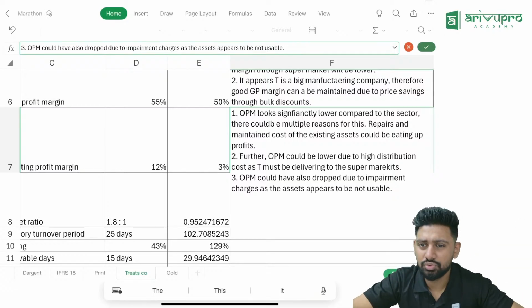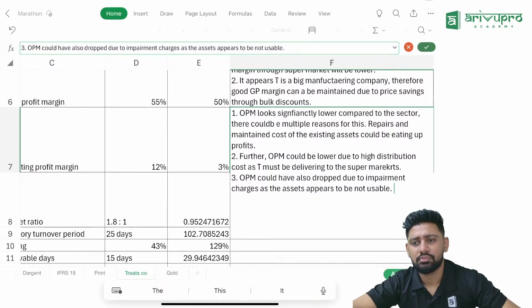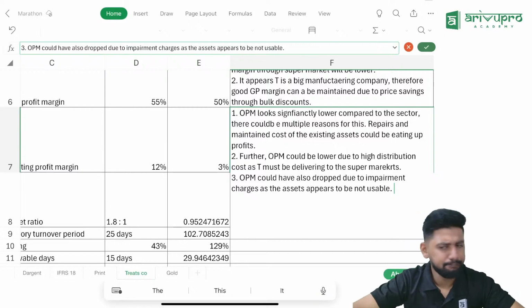That's why they're replacing, no? So probably there could be indication of impairment. And we can interpret in net asset ratio if there are more. The assets are less efficient if it's more here.